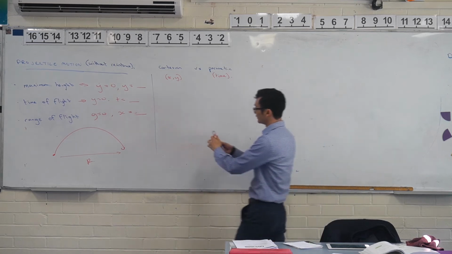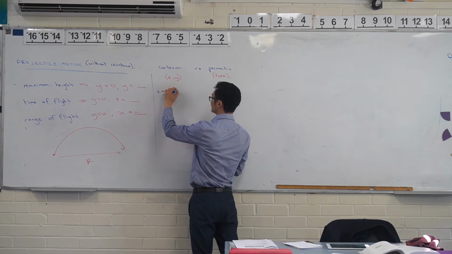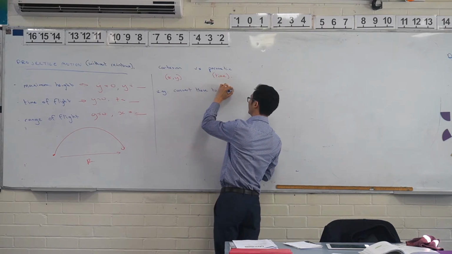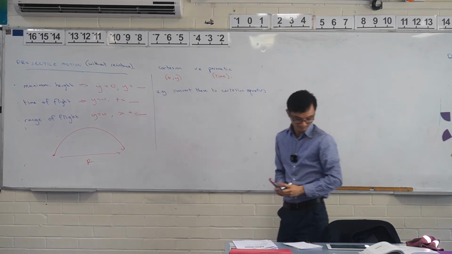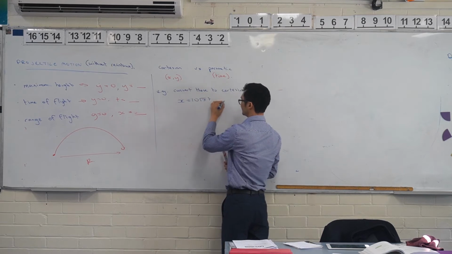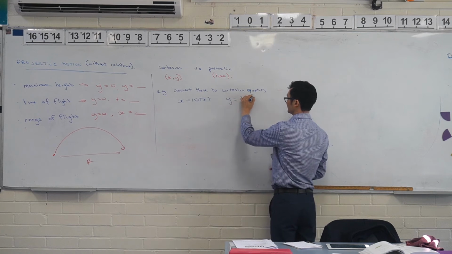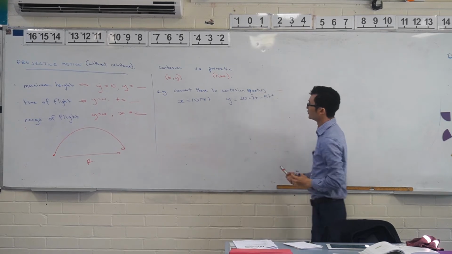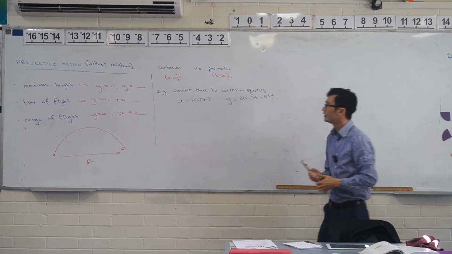If you have these parametric equations here, let's convert them, which are in terms of t, into Cartesian equations.